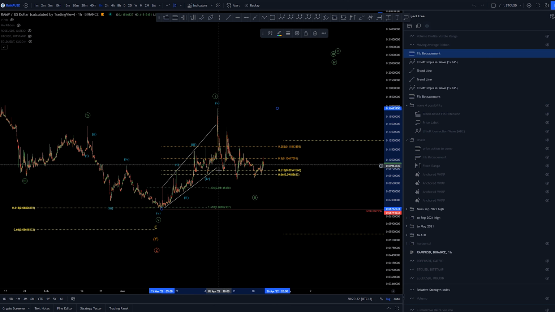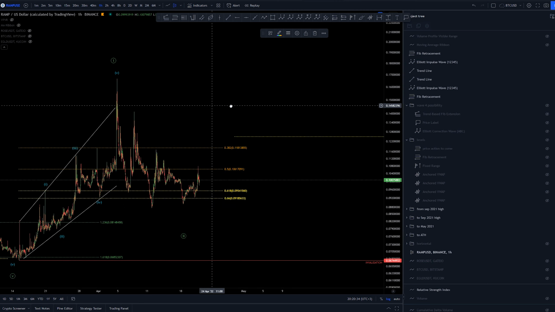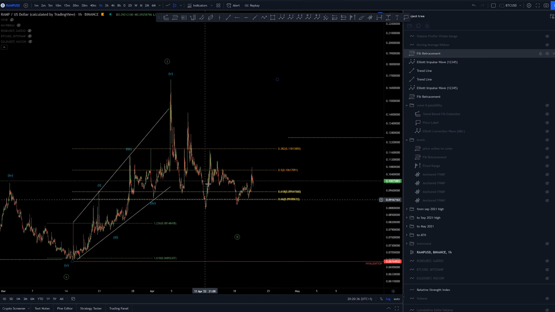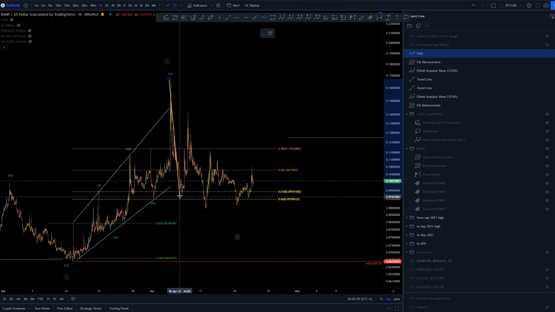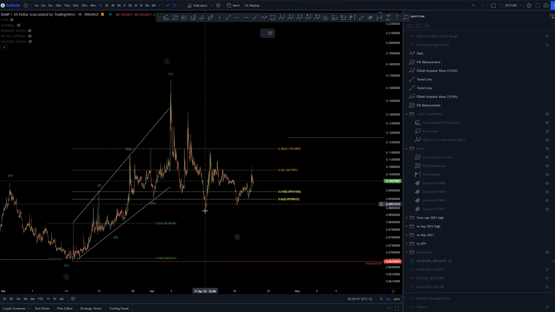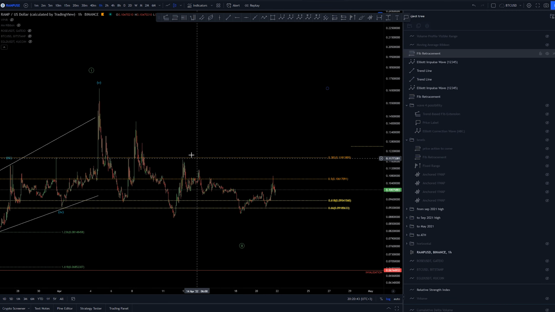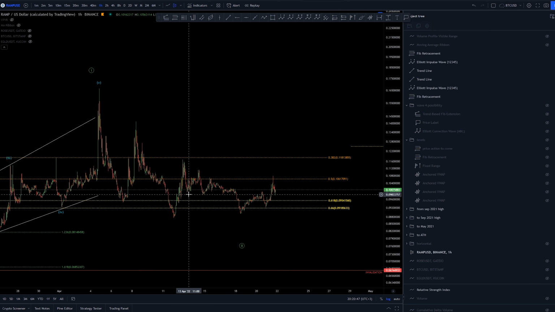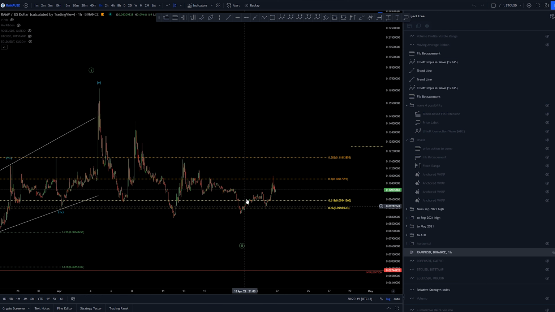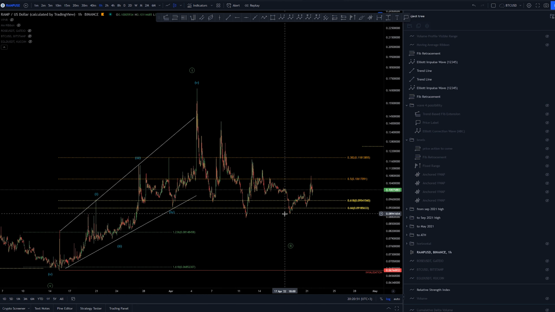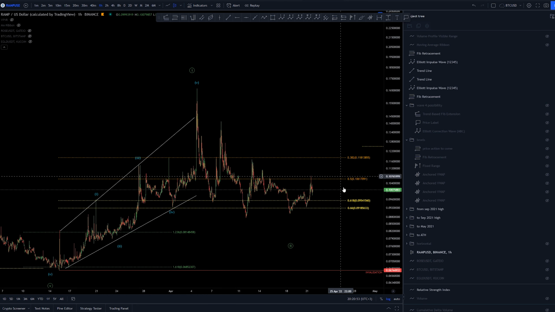Yep, we have. To me this looks like a three-way structure down here, these three, and this looks rather impulsive, this structure here, and some kind of three-way move down here into 1, 2 and starting another run up.